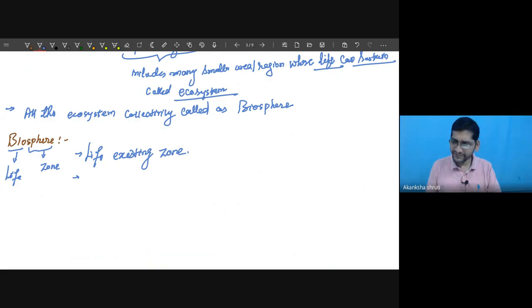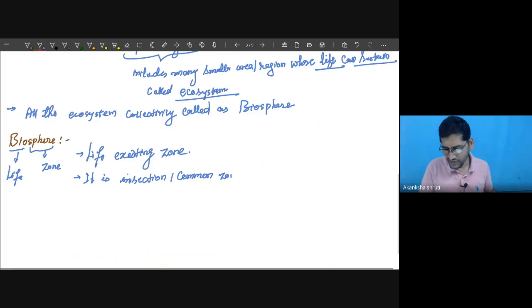Now this life can exist in that zone or in that region where land, water and air are all present. So right, it is the intersection. Intersection means what? The common zone. You may write in common language as the common zone or region or common area.